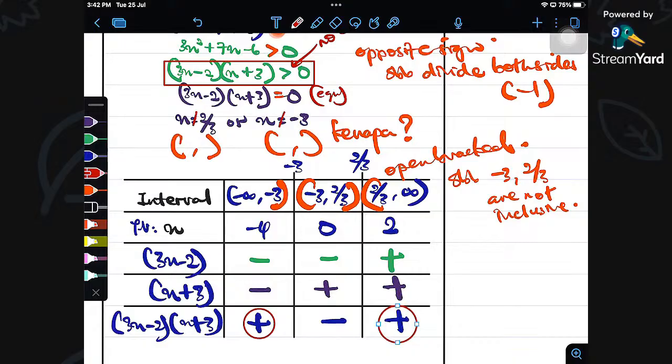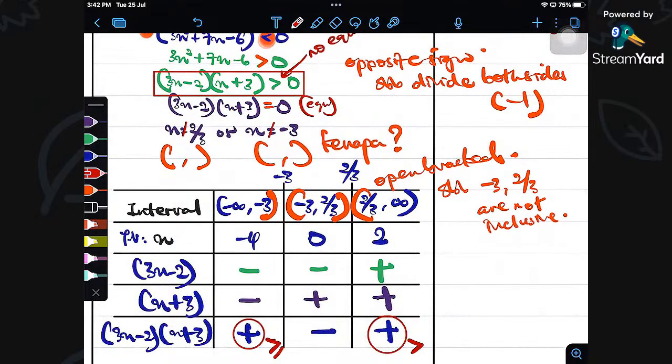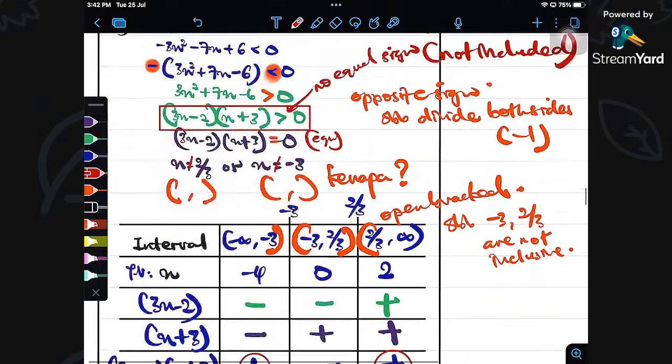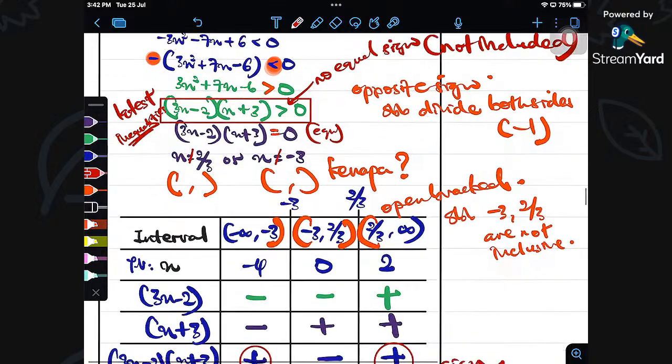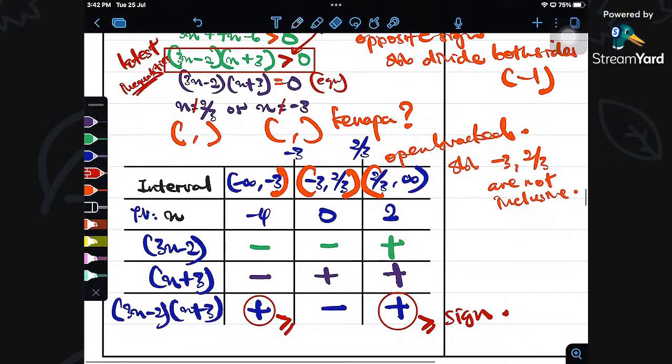Disebabkan apa? Disebabkan ini adalah more than or equal sign. Pada mana? Pada latest yang saya buat box ni, pada latest inequality kita. At our latest inequalities here, we have a more than or equal sign di mana tak ada equal lah. But di mana it is more than sign, therefore choose positive sign.